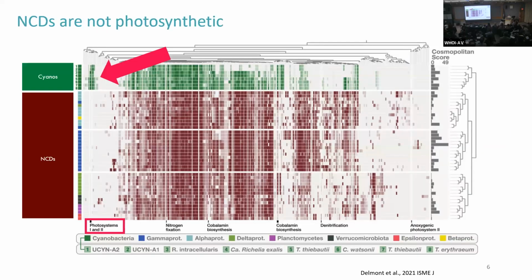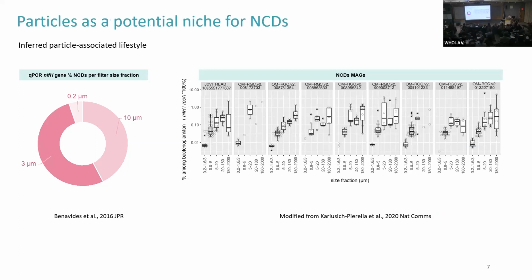There's a fundamental difference when we think about these NCDs as compared to the cyanobacterial diazotrophs, and this is that they cannot do photosynthesis. They don't have photosystem genes, so they must obtain carbon and energy from some other source. We suspect that this is an association with organic particles, but this has been an inferred, not really proven, kind of association.